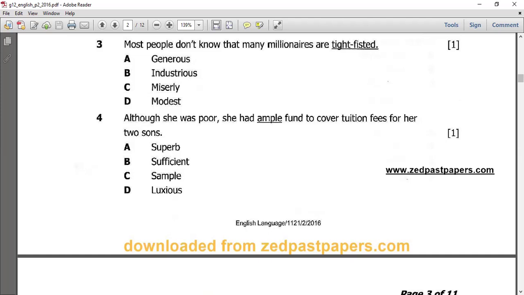Are they living a generous life? No. Are they living an industrious life? No, because someone living an industrious life is living a good and well life. Are they living a misery life? Misery describes a bad condition. So our correct answer there is misery, which is C.